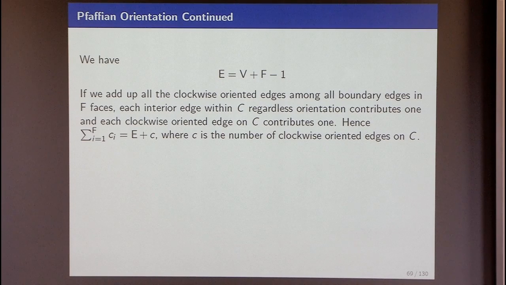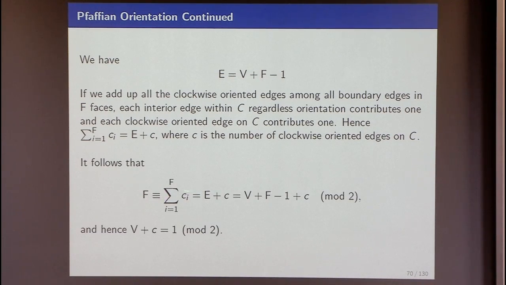Once in the one face for which it's clockwise, and in the other it doesn't contribute. And the C is the number of clockwise edges on the outer cycle. That contributes also 1. Okay, so you get this quantity, this equal to that, and by Euler you get this, and you get this quantity. So it just falls out.